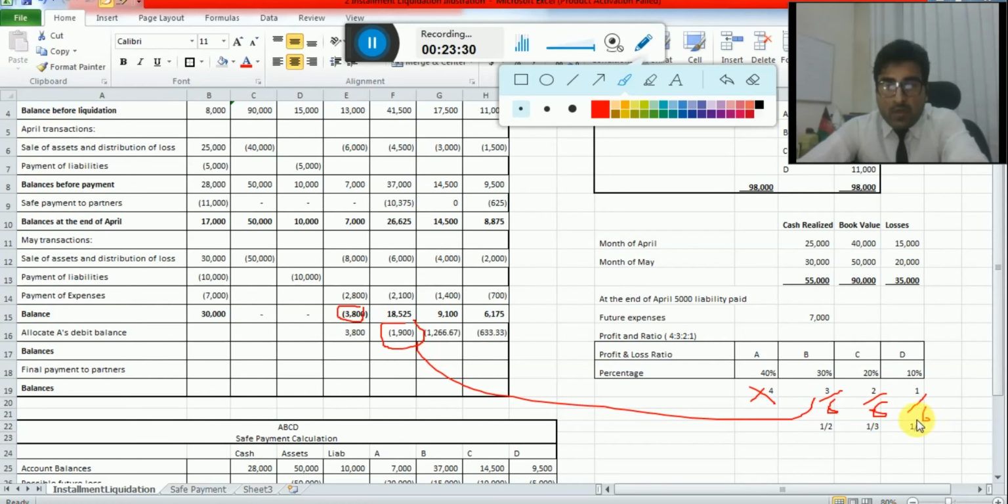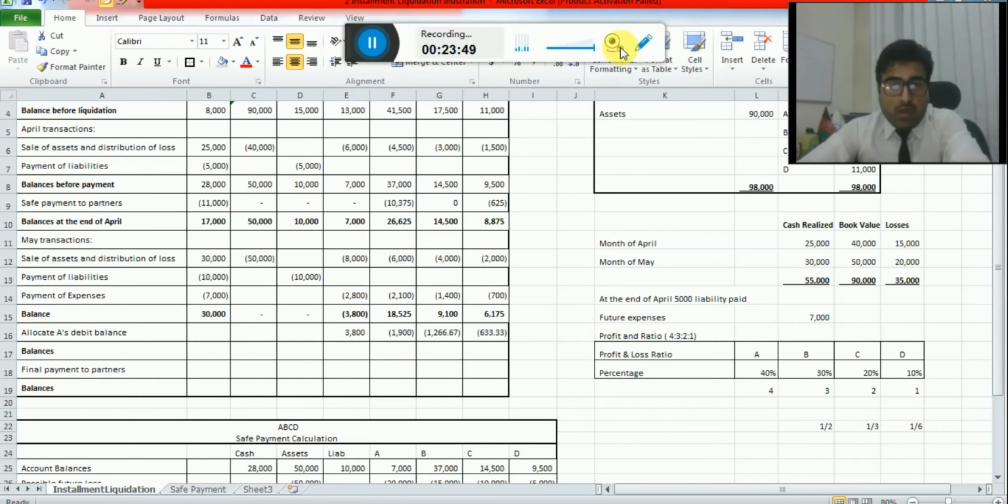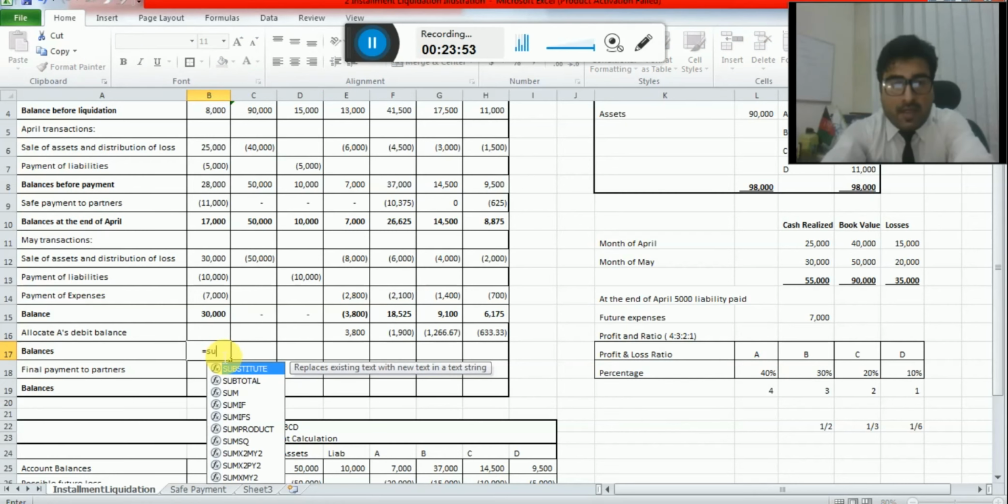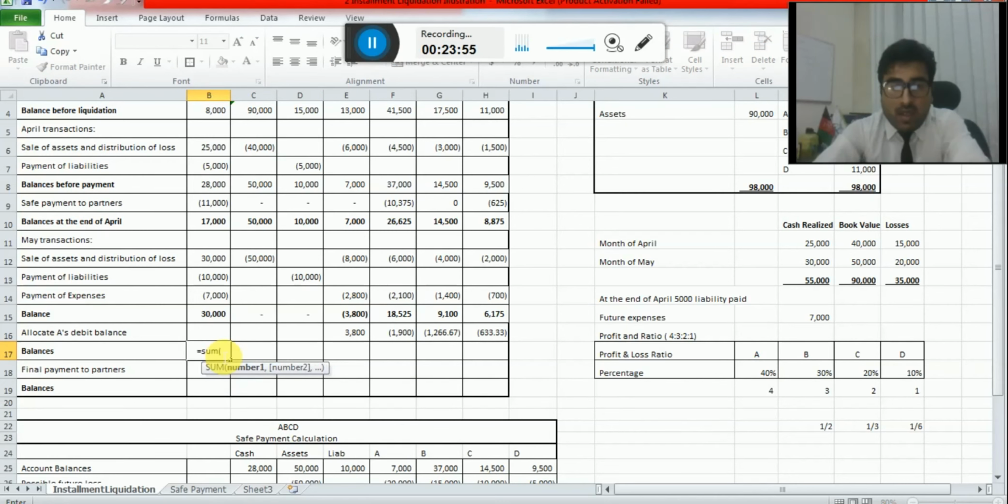So it means we are subtracting a value from the F account by the ratio of 3 over 6, and here is 2 and 1 over 6, and that amount, when you add it back in, is equal to 3,800. Okay, I hope you got it. Now we are balancing. So equal sign is sum. When you take a sum, just the last rows. Why?